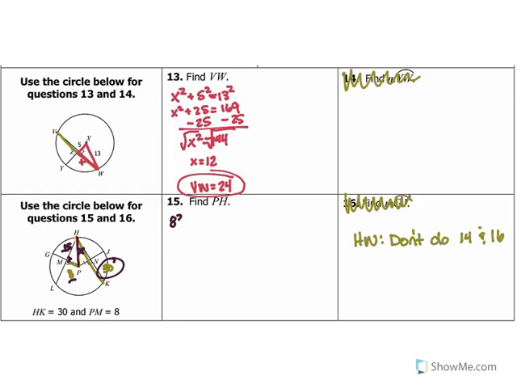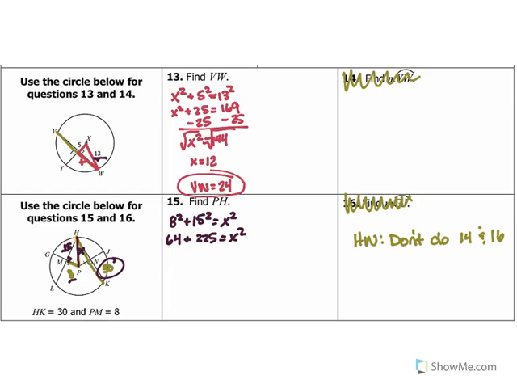So we're going to say that 8 squared plus 15 squared equals x squared. Remember, it's always set equal to the hypotenuse, and the hypotenuse is what we're trying to find in this case. In the last one, we were given the hypotenuse. The hypotenuse is the longest leg. Okay, so now we have 64 plus 225 equals x squared.